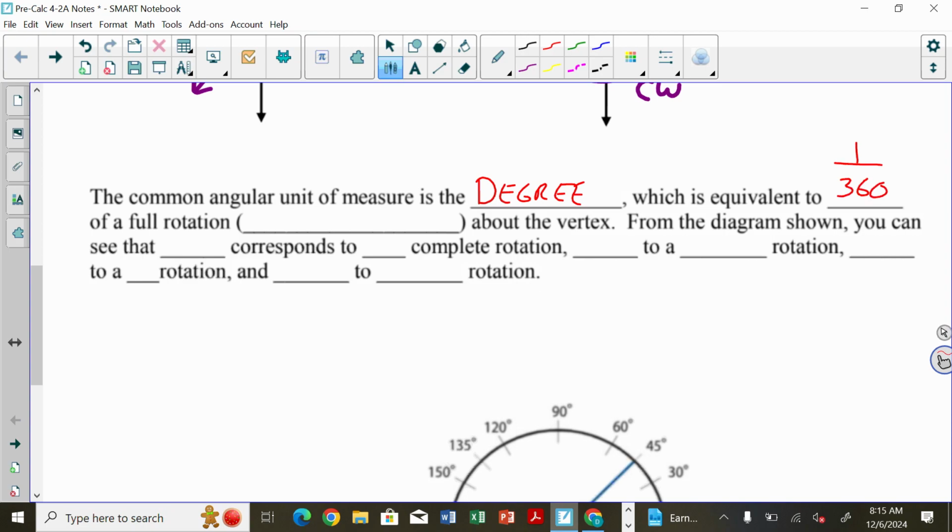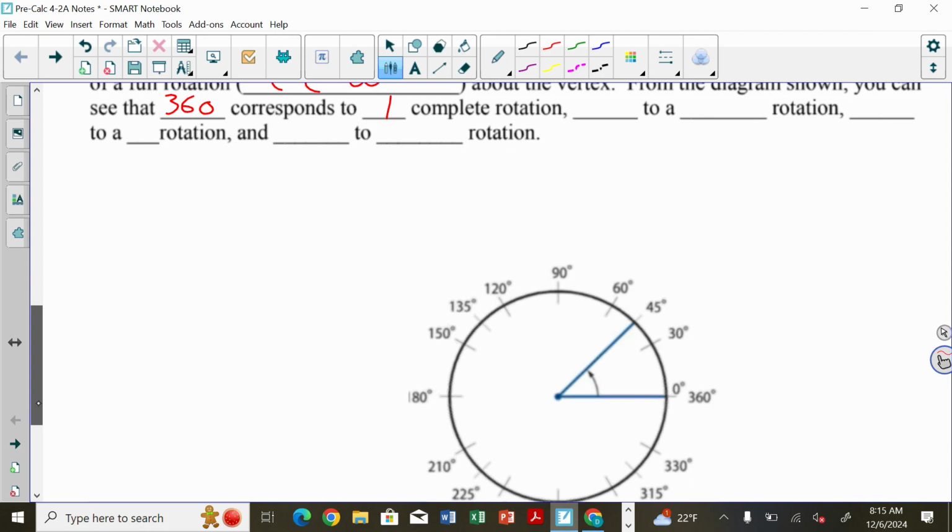Since there are 360 degrees in a full circle, 1/360th of that would be 1 degree. In the diagram below, you can see that 360 degrees corresponds to 1 complete rotation.